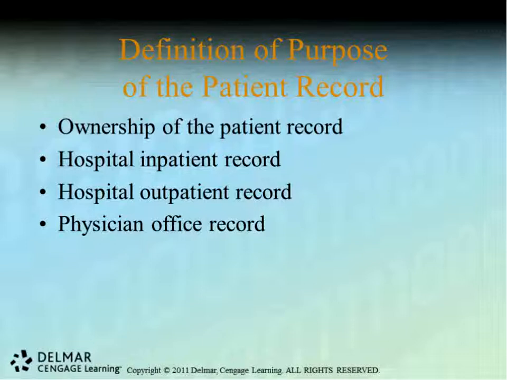There is administrative data and clinical data in a record. Your administrative data will include your demographic information, financial information, socioeconomic information, and then your clinical data will be all the information that's obtained through the treatment of the patient.